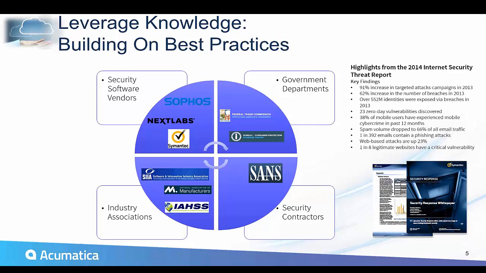Here's just a couple: organizations like Sophos, which was the company where I found that data security template that I had on the previous slide. NextLab, Symantec, these are organizations that you're probably familiar with. Chances are you may even have their software on your PC.